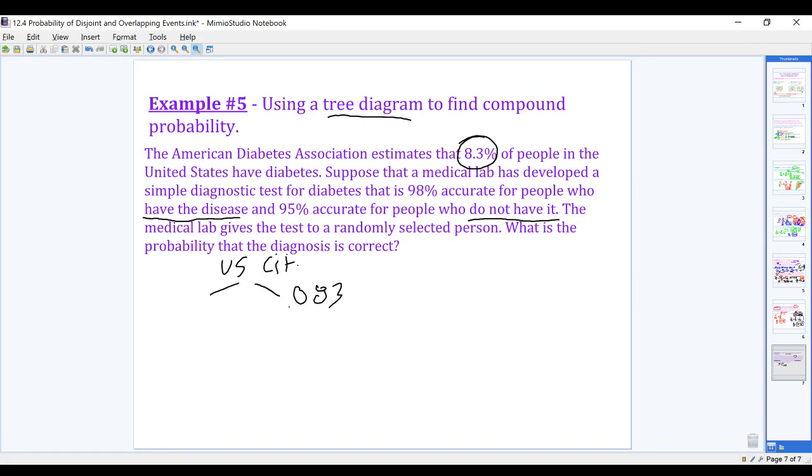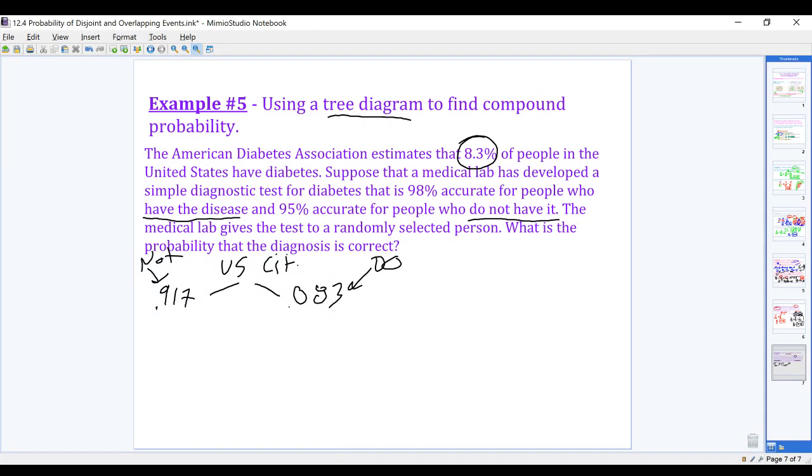On the other side, you have 0.917 because you're subtracting that from the 100%, right? These are the people that do have it. These are the people that do not have the disease, right? Okay.